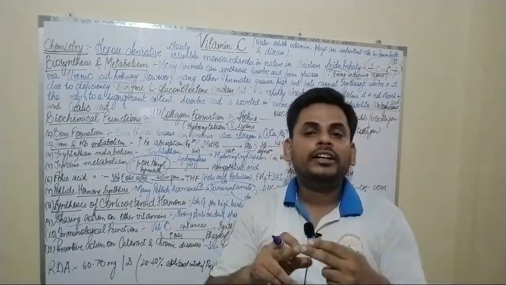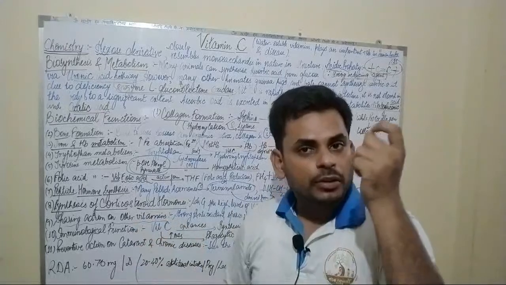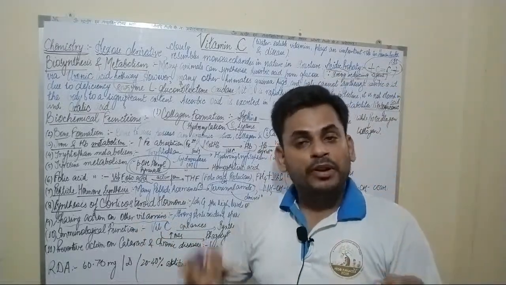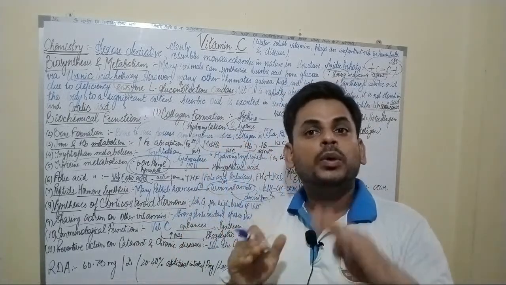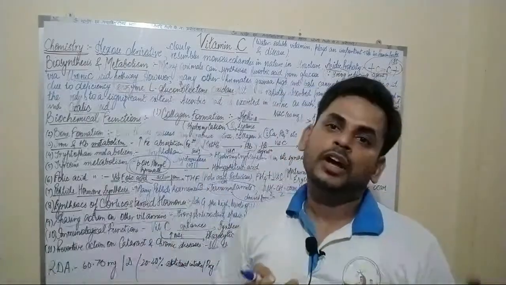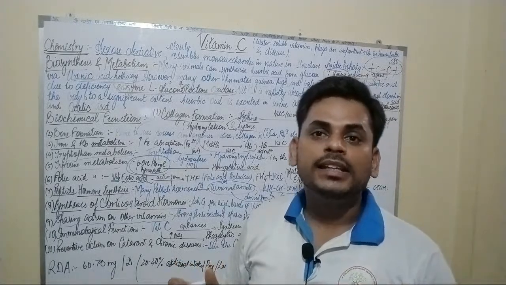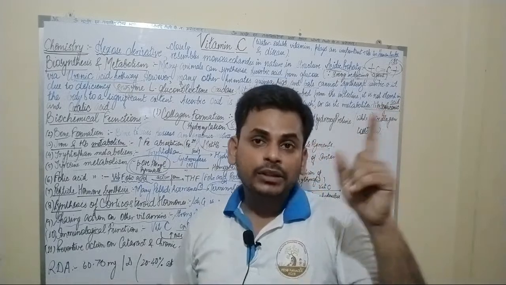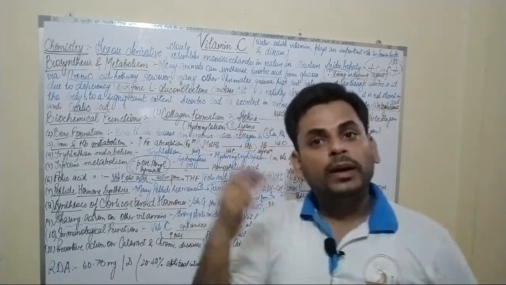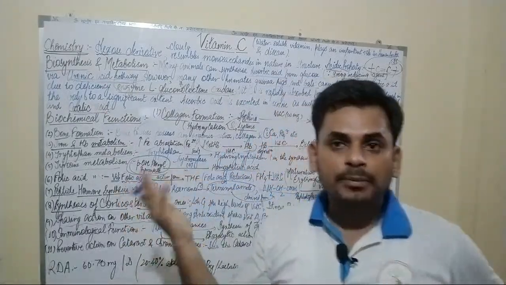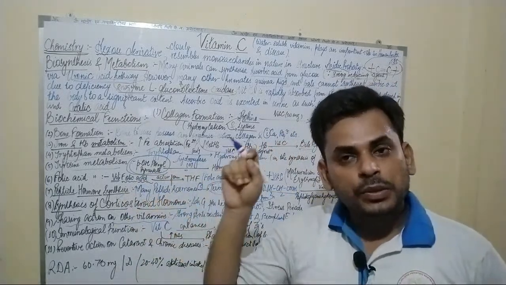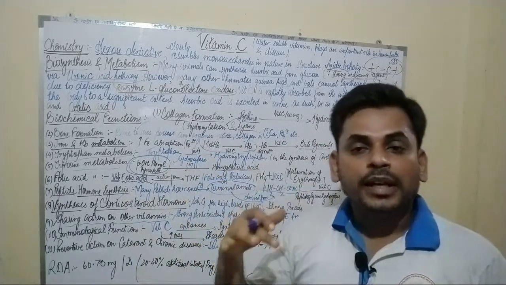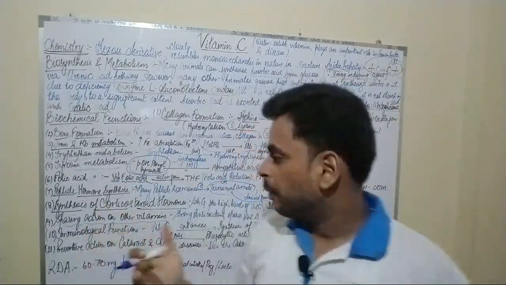They are prevented from oxidation just because of the presence of vitamin C. If vitamin C is present, it is going to spare the oxidation of other vitamins, that is A, E and B complex. So the antioxidant role is very important, preventing the oxidation of these A, E and B complex vitamins. The role of vitamin C is very essential in the sparing action of these vitamins.